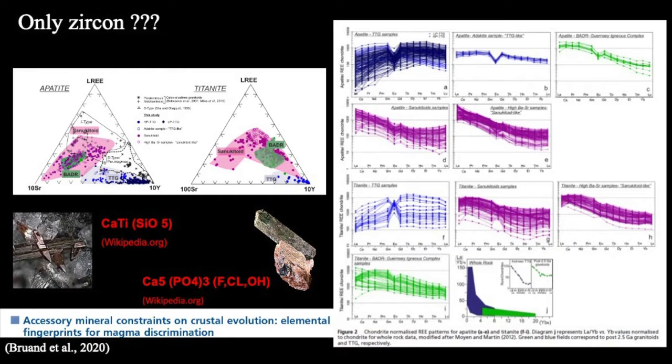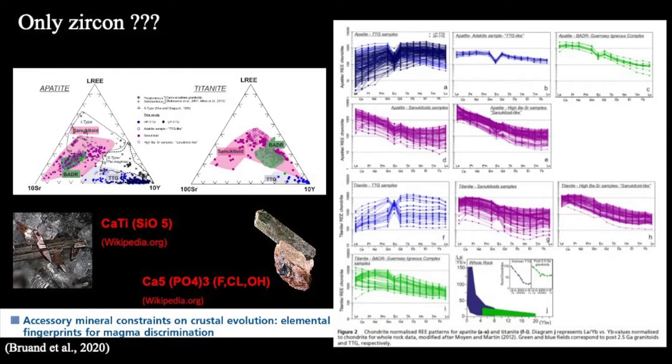And if you look at the triangular diagrams, they are constructed with the use of trace elements, light rare earth elements, strontium, yttrium. For both apatite and titanite, you may recognize some fields with names which are well known to you, TTGs or sanukitoids. So with the use of titanite and apatite, we may differentiate between these Archean rocks.